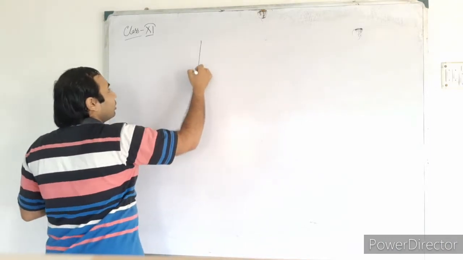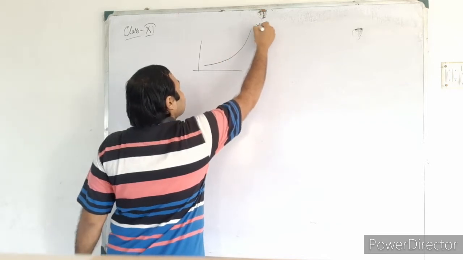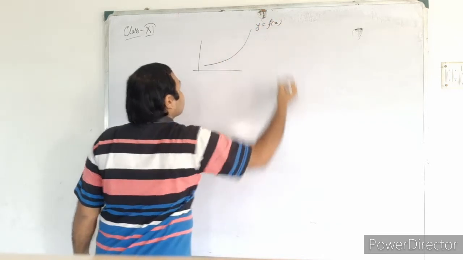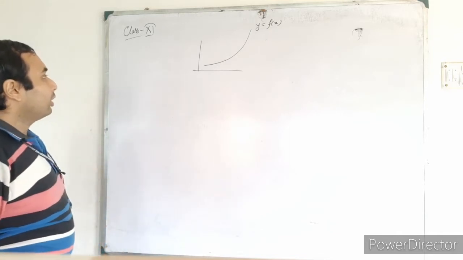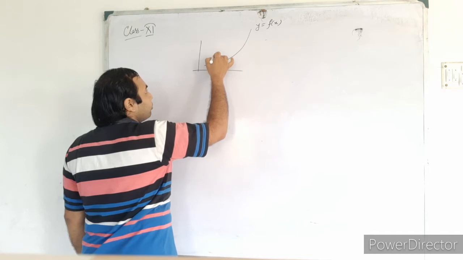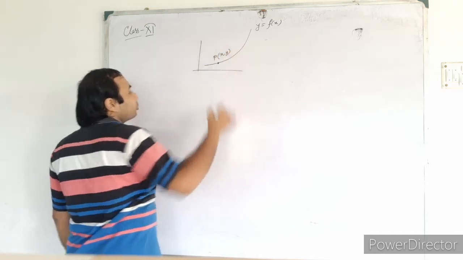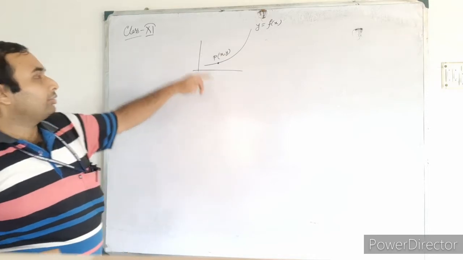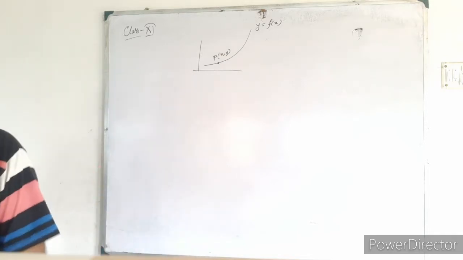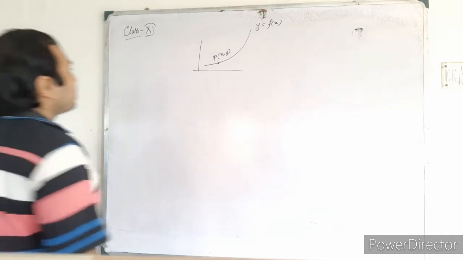First of all, let us draw one curve, and this curve is y equals f(x). If this is the curve, now at the point P, here I am taking the value x, y. So this is x, y.